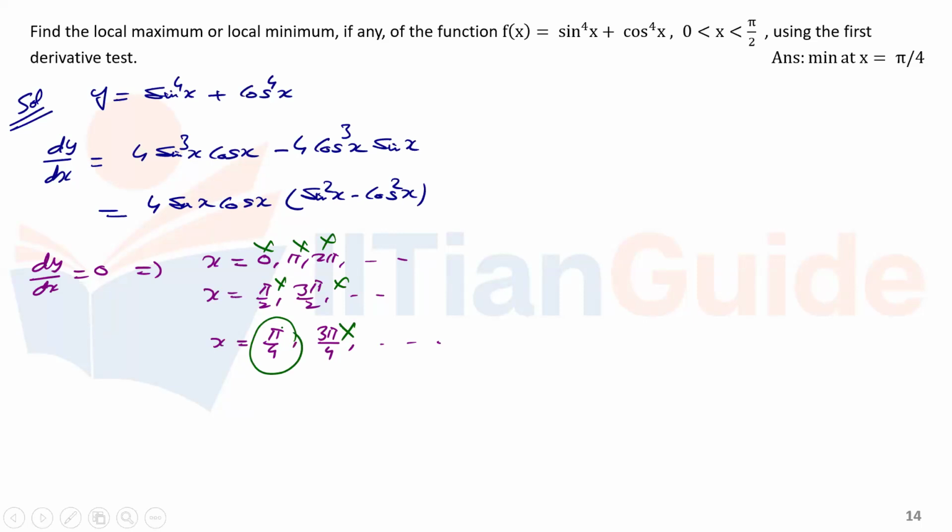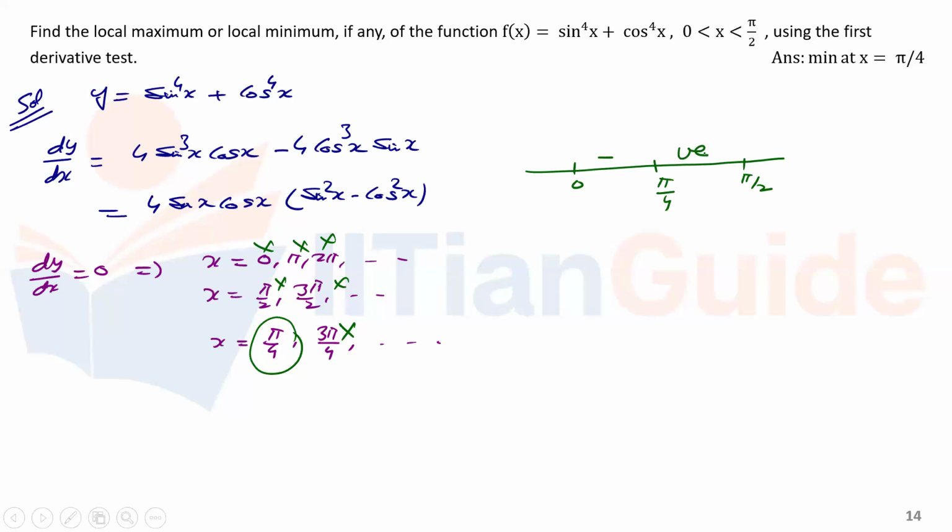Now I need to calculate the maxima or minima using the first derivative. I have only one critical point, pi by 4, and x is given between 0 and pi by 2. In the first quadrant, sin x and cos x are always positive. But from 0 to pi by 4, sin is smaller, so I'm getting negative, and after pi by 4 I'm getting positive.